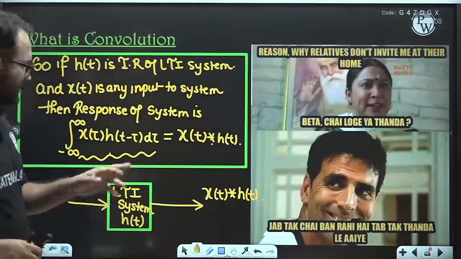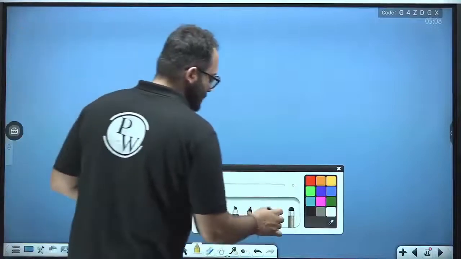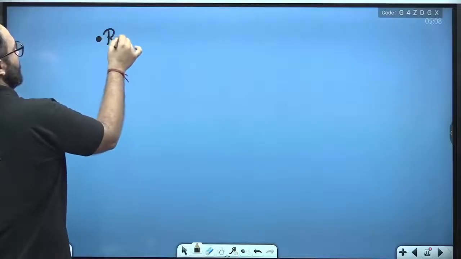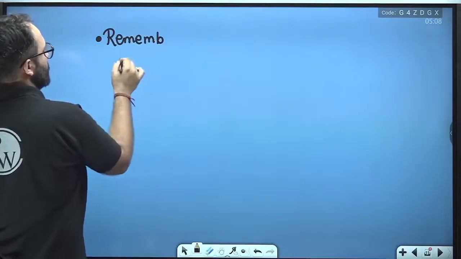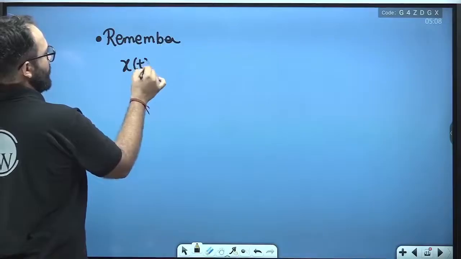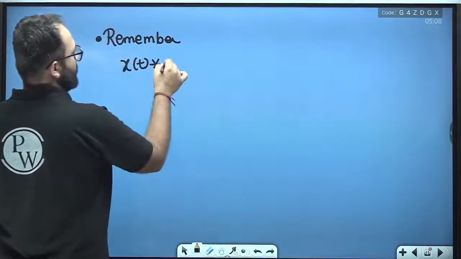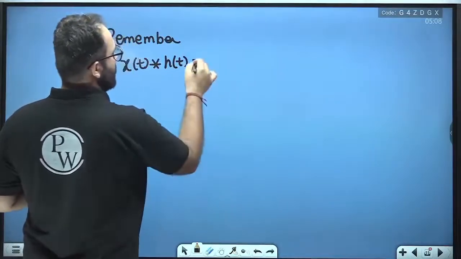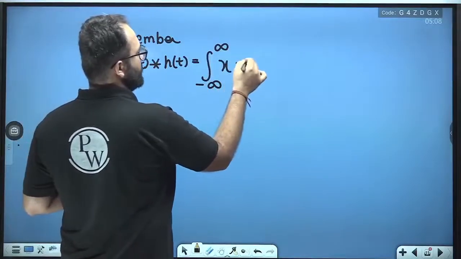Now one more very important thing here is to always remember that x(t) convolve h(t) is equal to the integral from minus infinity to infinity of x(tau) h(t minus tau) d tau. Remember this formula, this is a very important formula.